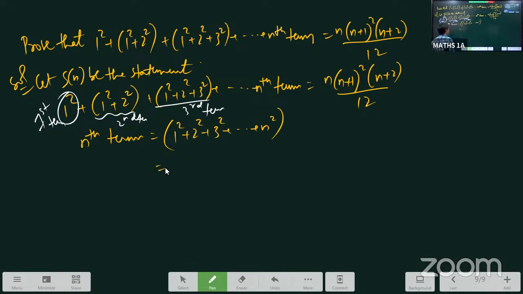That is nothing but nth. See, first bracket 1 square, second bracket 1 square plus 2 square, third bracket 1 square, 2 square, 3 square. Like that, nth bracket 1 square plus 2 square plus up to n square. This is nothing but sum of the squares of first n natural numbers.